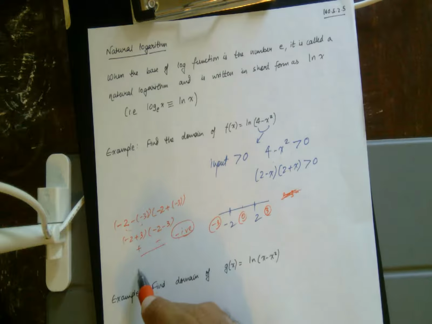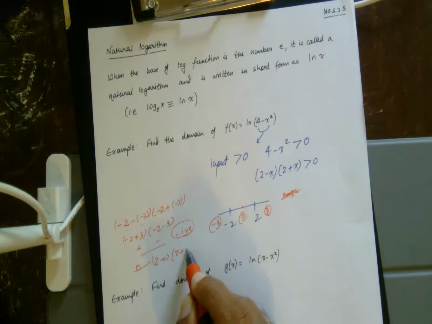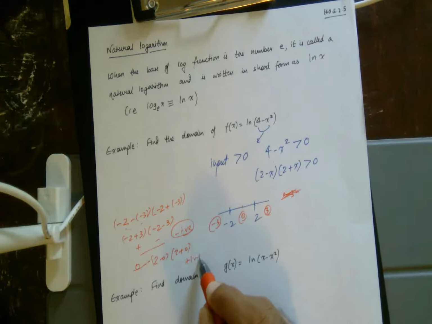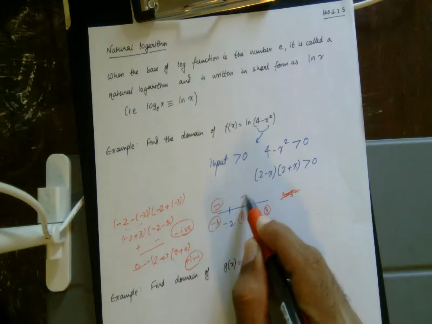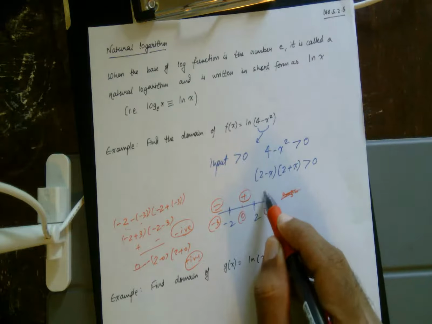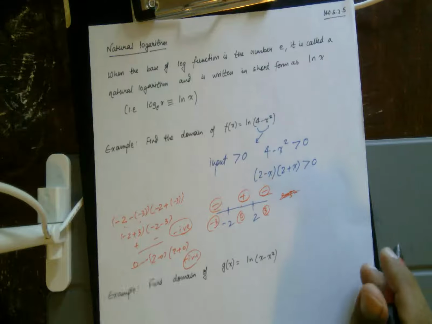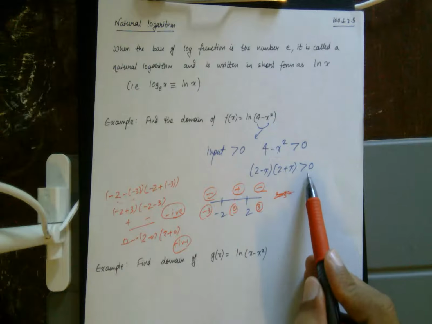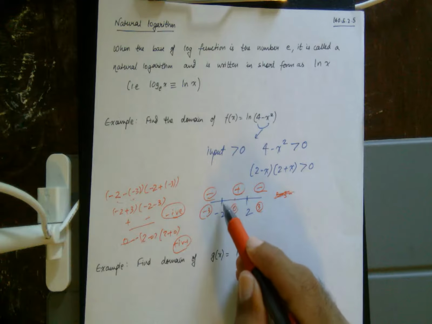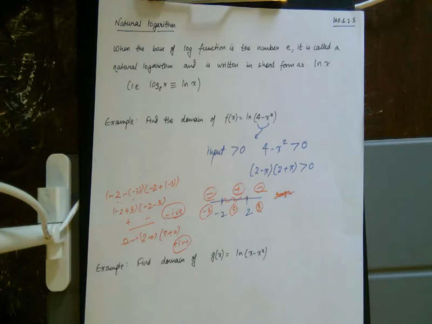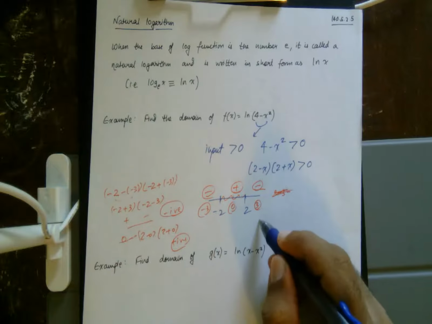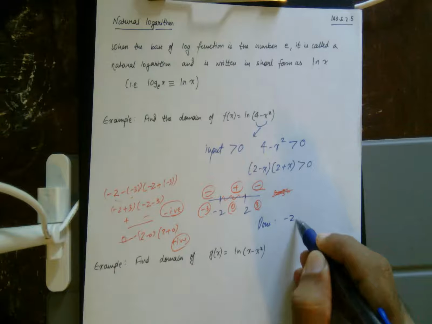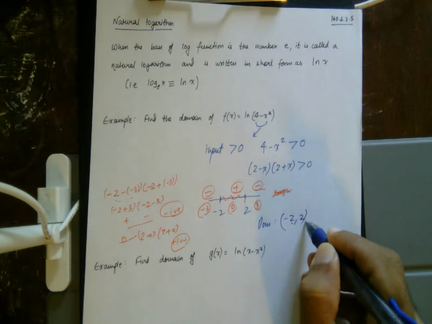When I plug in 0, 2 minus 0 and 2 plus 0 is going to be positive. So it's negative here, positive here, and you can try it out, it's going to be negative here. But what do we want? We want it to be positive. And where is that? That's happening here. Which means that the domain is negative 2 to 2, none of them included.